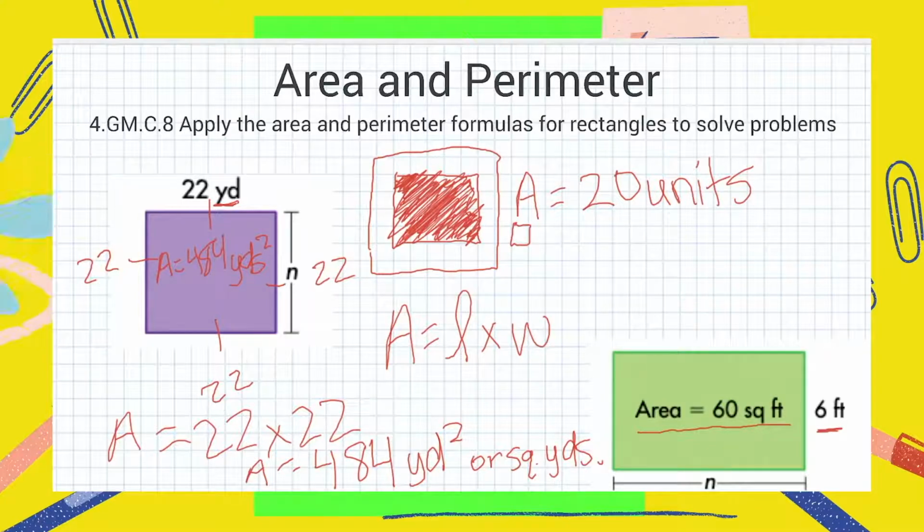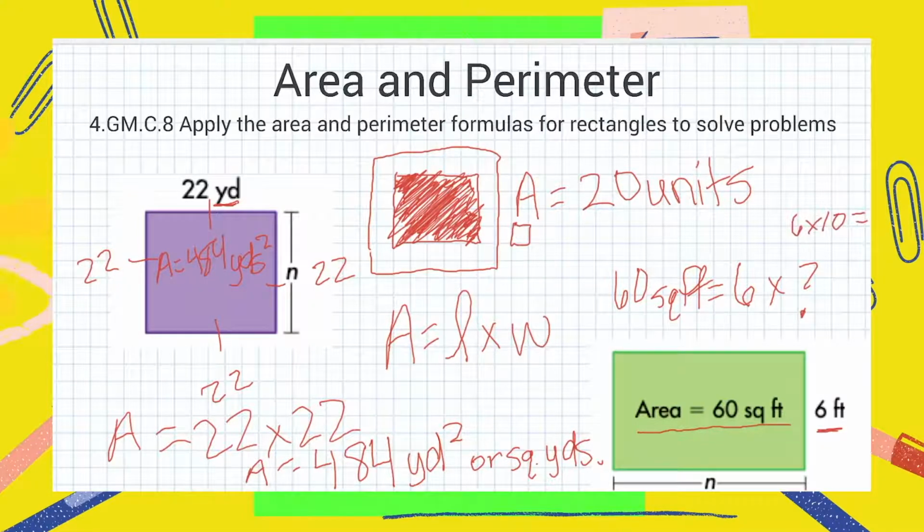So if the area is 60 square feet, and I know that area equals length times width, that means 6 times a number is going to get me 60. What times 6 equals 60? That's right, 10.